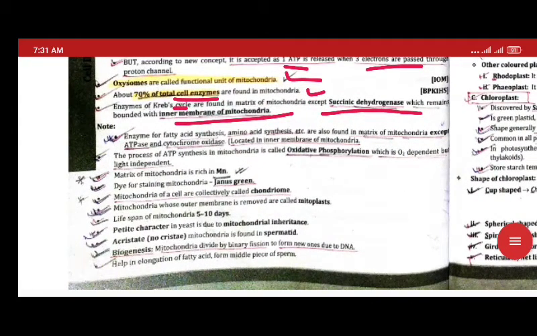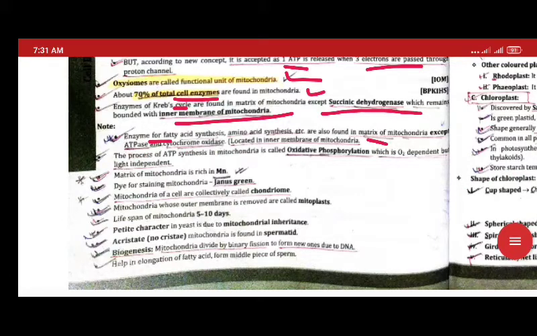Now note that for fatty acid, enzymes are all present in the matrix except ATPase and cytochrome oxidase, which are on the inner portion.